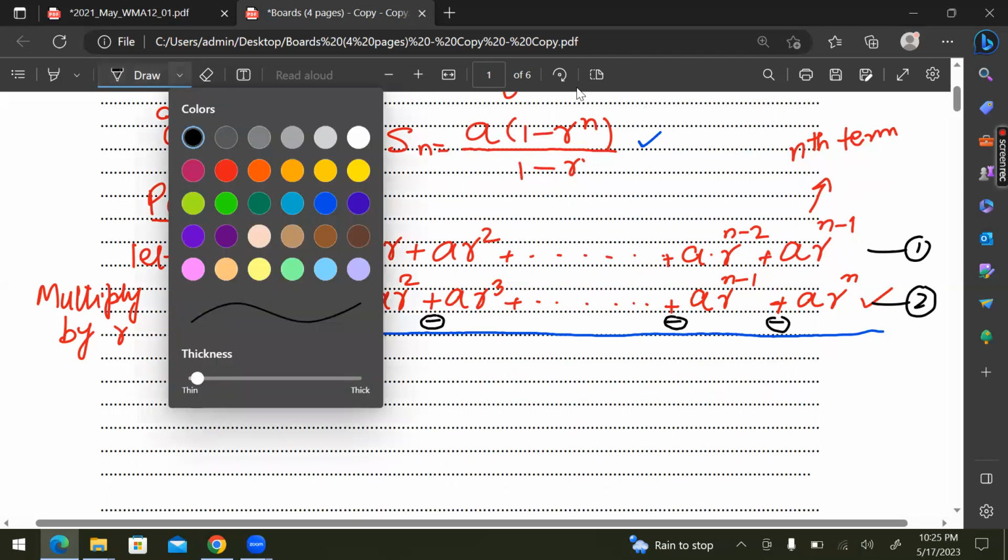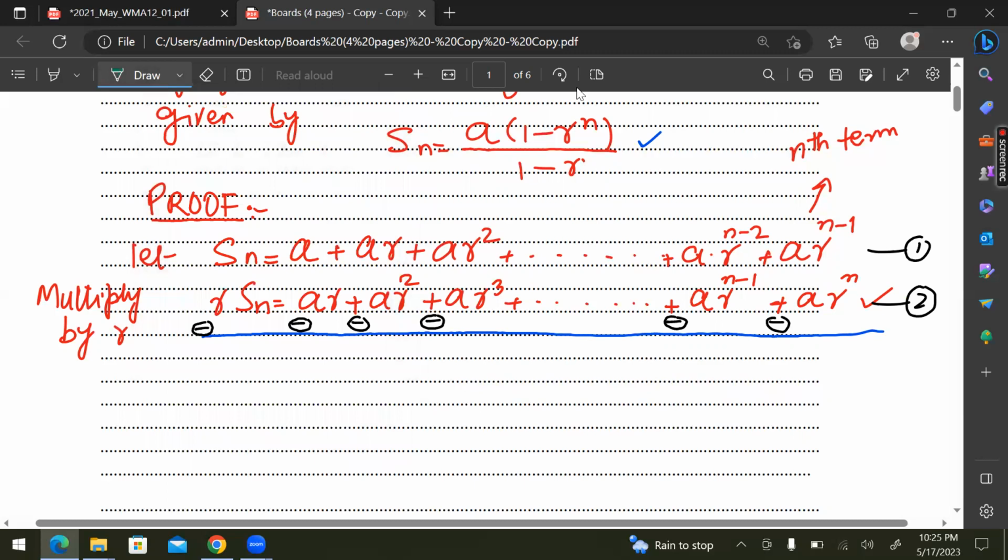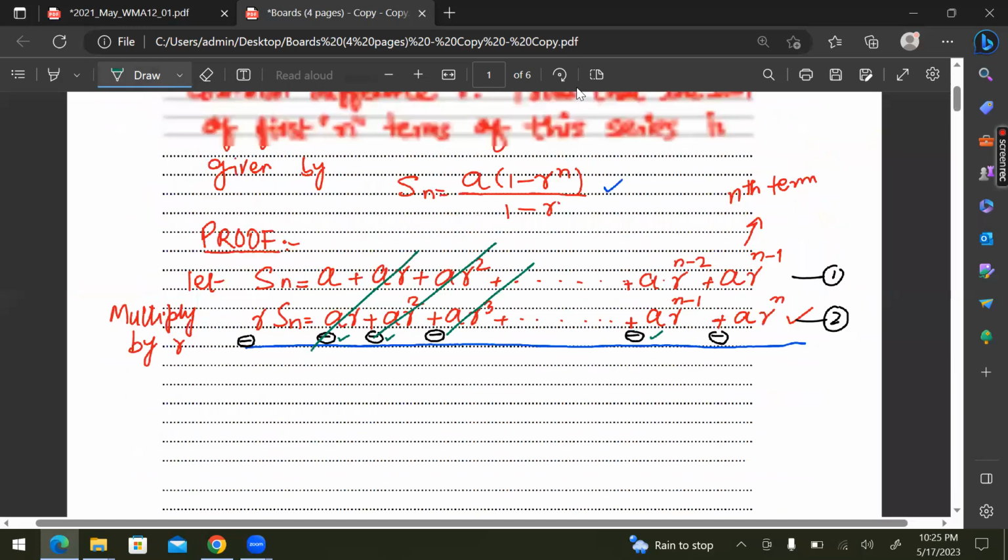Next, you can observe that we have ar in the first and minus ar, so we are now considering this sign. ar and minus ar cancel. ar² minus ar² cancel. The same idea you can apply here: ar^(n-1) and ar^(n-1) with negative sign cancel.